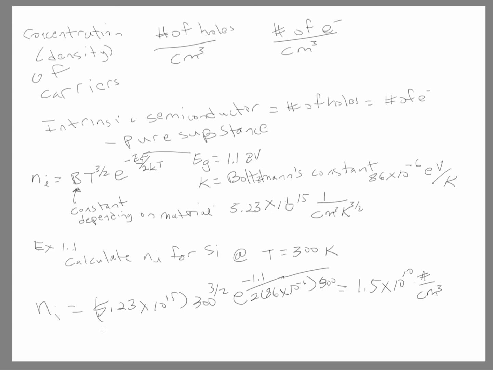And if you go to Wikipedia and look up silicon, it tells you that the density is equal to 2.3290 grams per cubic centimeter, okay?